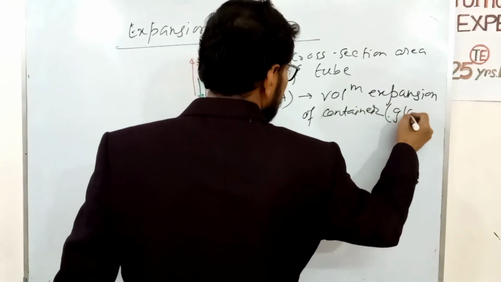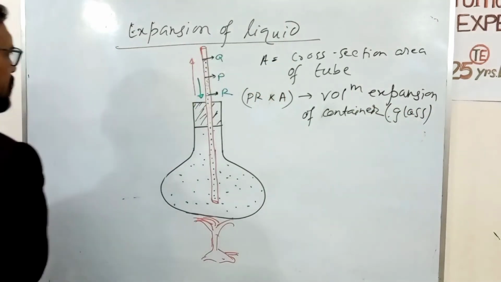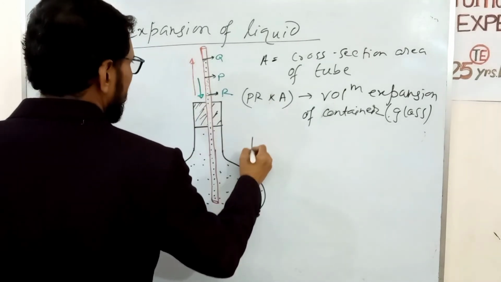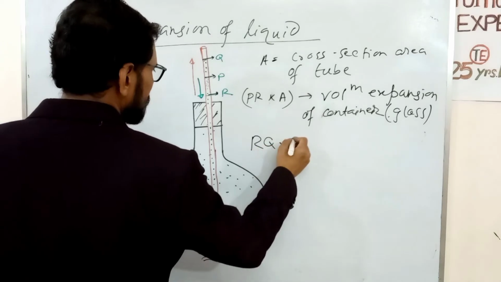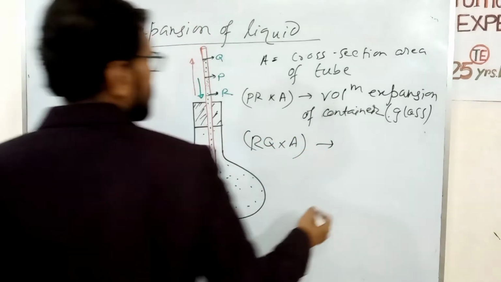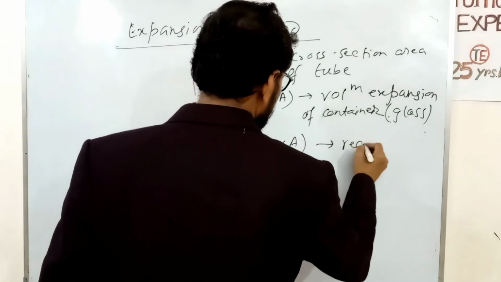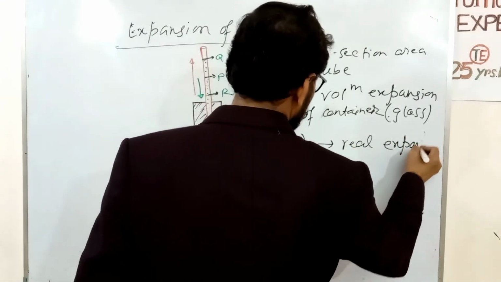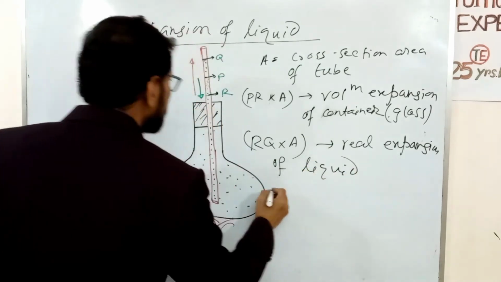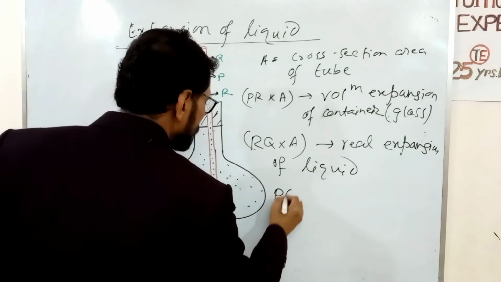Suppose this is a glass container. Now RQ into A denotes the real expansion of the liquid.